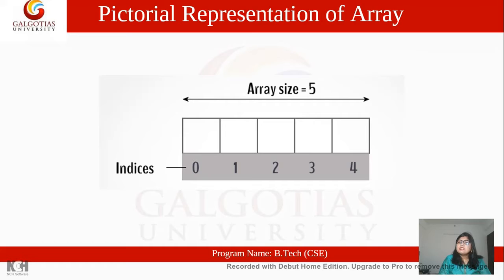The index on the array will start from the value 0 and that will go till n minus 1. Here we have a size 5, so the last index in this array will be n minus 1, which is 5 minus 1. So this type of block should come into your picture when we talk about array. Let us know some more about arrays.